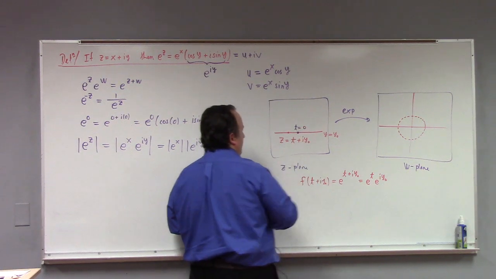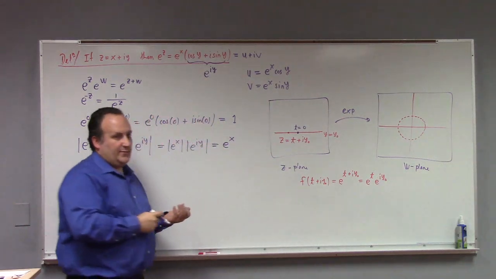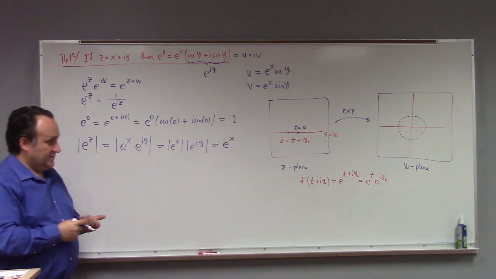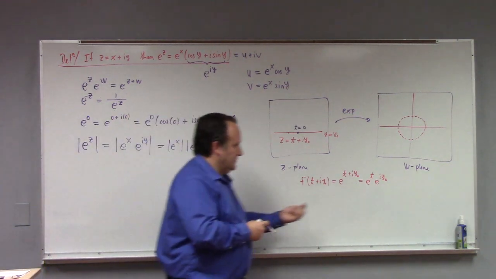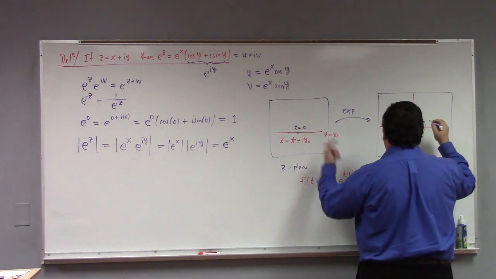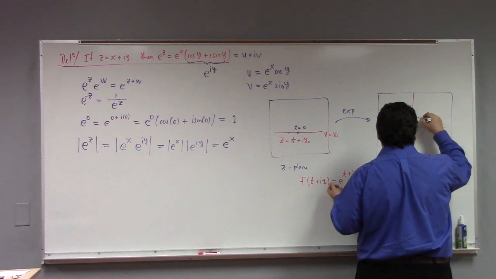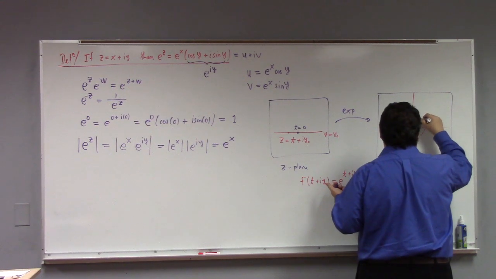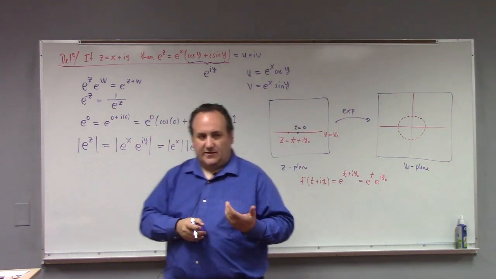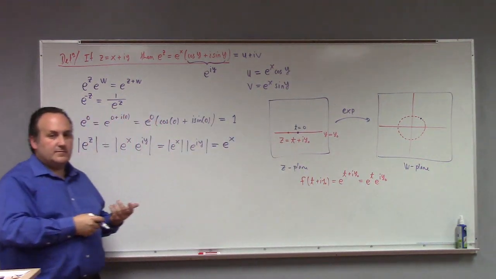In other words, that's where z equals i y naught is. Where does that point map to? Well, that point maps to just e to the i y naught, which is a point on the unit circle. I didn't really tell you what y naught is, but just for the sake of illustration, let's suppose y naught is about right there. In terms of the standard angle, maybe y naught is pi over 4.